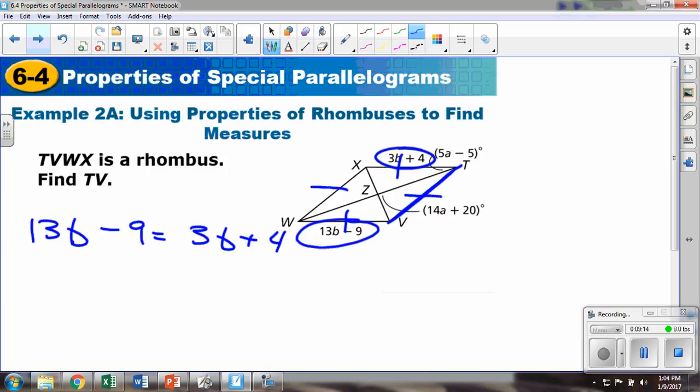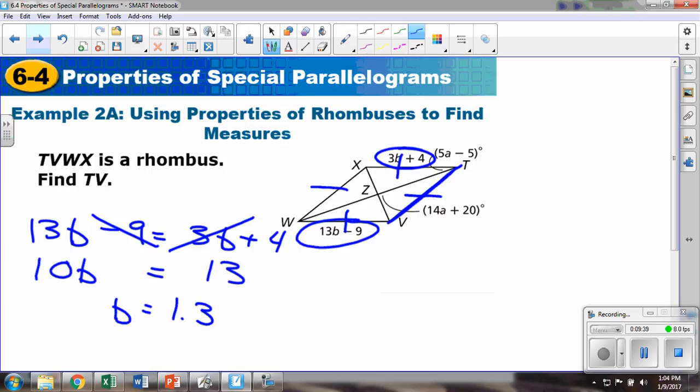Recognizing that the top and the bottom have to be equal to each other. Well, here I'm going to subtract off 3b from both sides to get 10b. Then I'll add 9 to both sides and get 13. Dividing out by 10 tells us b is equal to 1.3.